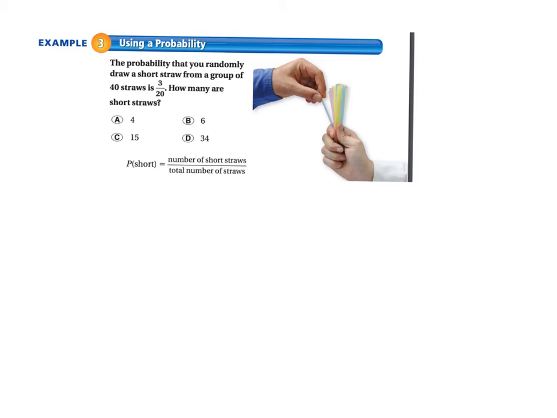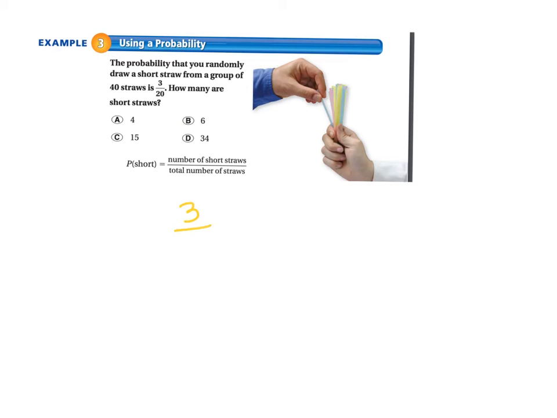This problem is getting slightly more complicated because now they're asking you to use probability to determine an outcome. So the question is, what is the probability that you randomly draw a short straw from a group of 40 straws when we have this probability of 3 over 20? How many are actually short straws? So I'll start by taking the probability.